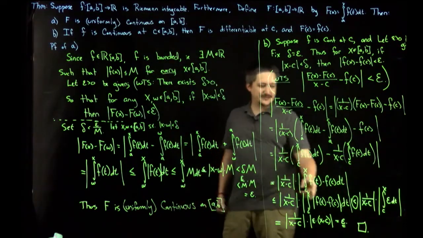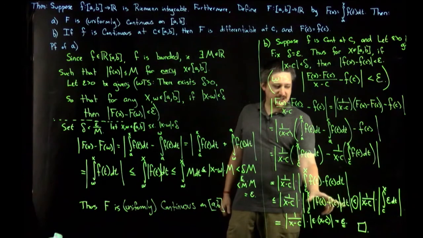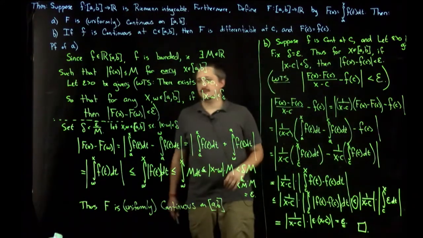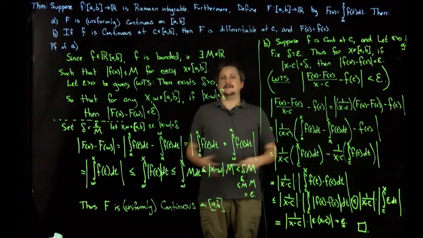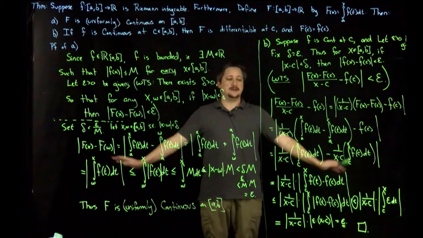But nonetheless, it works. It's just you got to make sure that you keep it the whole way. And the book ended up dropping it at one point. All right, and that is that.